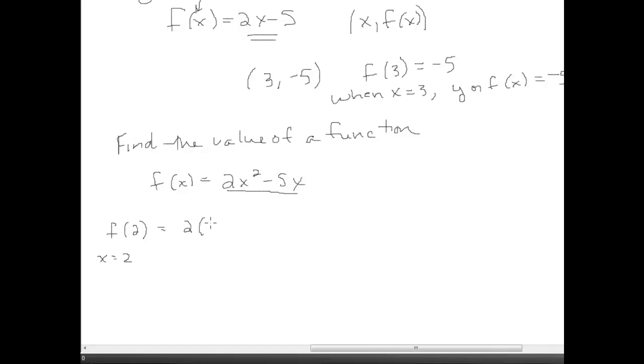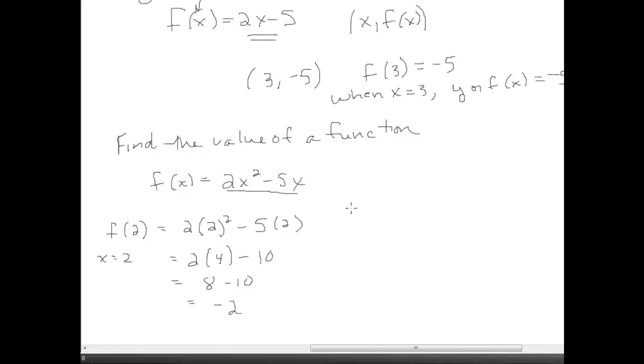So 2 times (2) goes in for x squared minus 5 times 2. And then you just need to be cognizant of order of operations. So let's do that exponent first. So this will be 2 times 4 minus 5 times 2, which is 10. Multiply before you subtract. So 8 minus 10 is equal to negative 2.